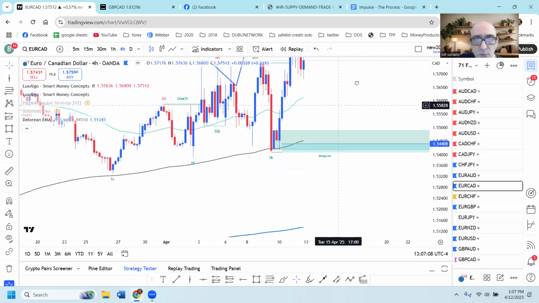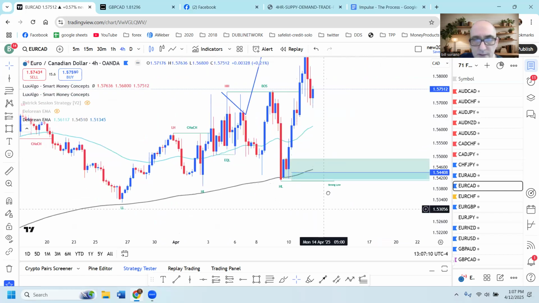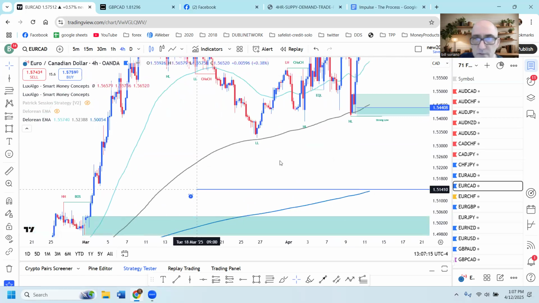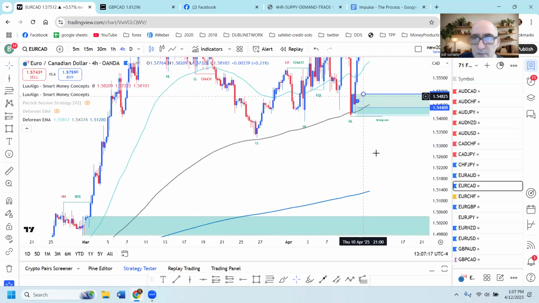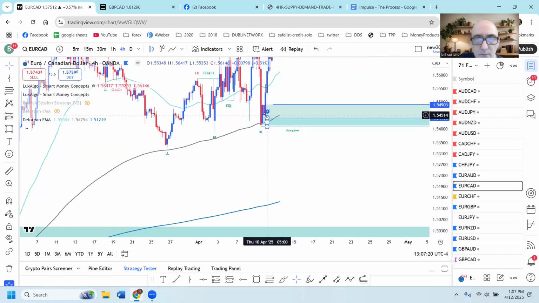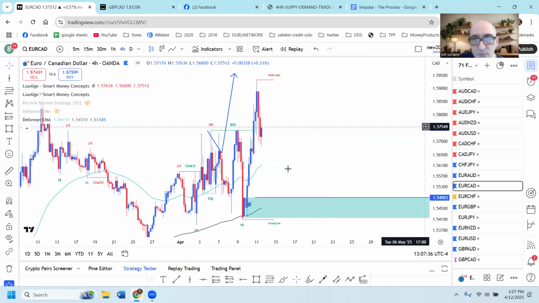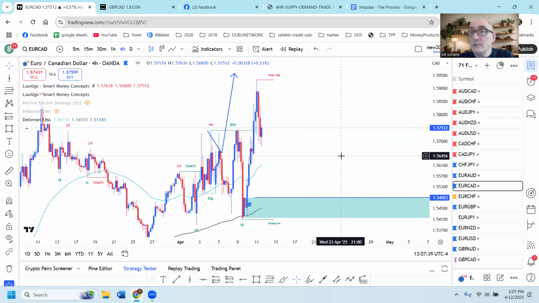So we're bullish, and now we can grab this alert and put it up here. Not sure what this line here is for, but we're going to highlight this 4-hour zone right here. And so that's what we're going to wait for now. So we have a new demand zone for EUR CAD.